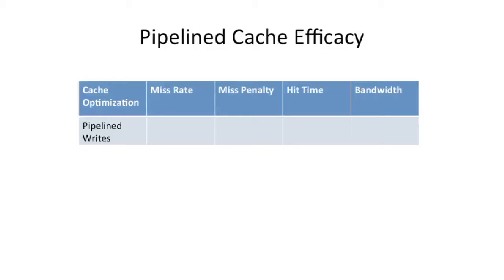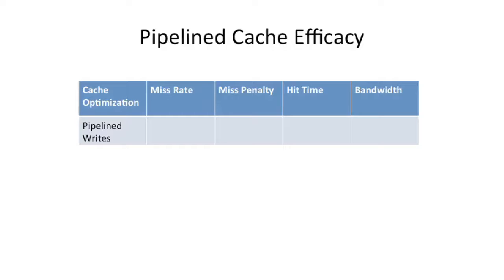OK, so pipelined caches, what do they do for us? Are they going to reduce the miss rate? I see people shaking their heads no. Yeah, we didn't make anything bigger or smaller here. It's probably not going to touch the miss rate. Is it going to affect our miss penalty?